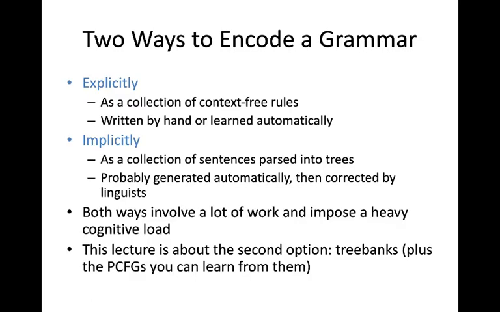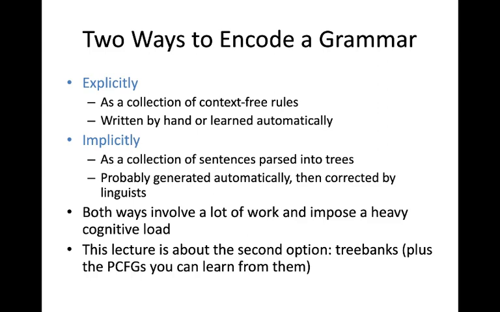So there are two ways of encoding the grammar of a language. You can do it explicitly, so you could go and write out context-free rules, for example, or you could learn context-free rules and represent them explicitly. The other way is implicitly.